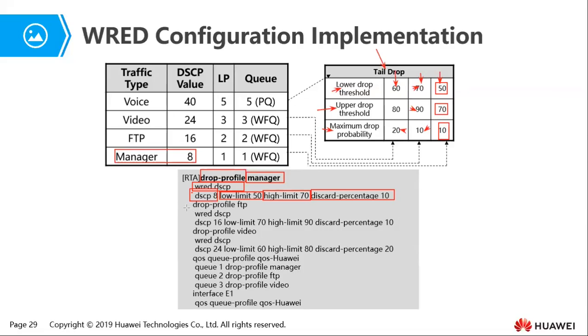So we can also create another one here. Here we are focusing on the FTP, so you can see DSCP value 16, low limit 70, upper drop limit 90, then the discard percentage is 10.